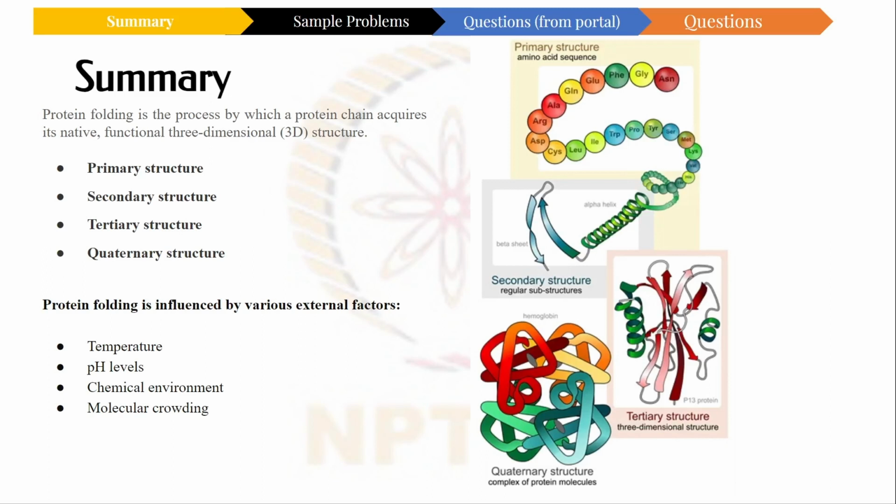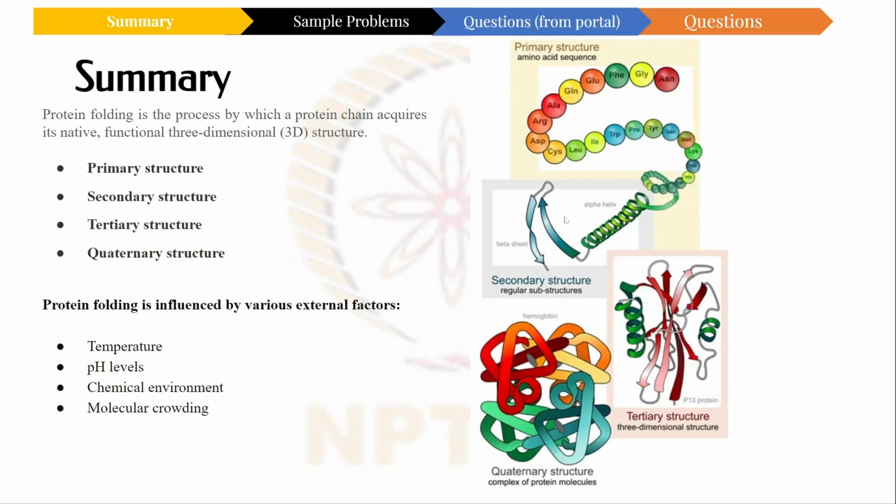First is the primary structure, which refers to the linear sequence of amino acids in the polypeptide chain. Second is the secondary structure, which is generated by the formation of hydrogen bonds between the atoms in the polypeptide backbone, which folds as either alpha helices or beta sheets.